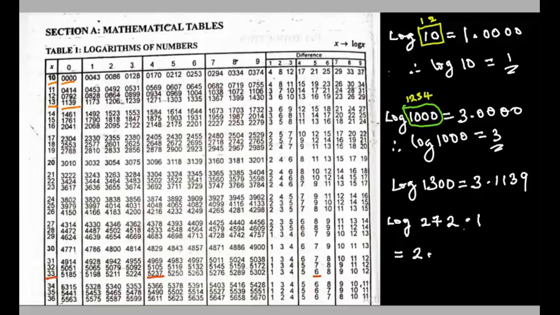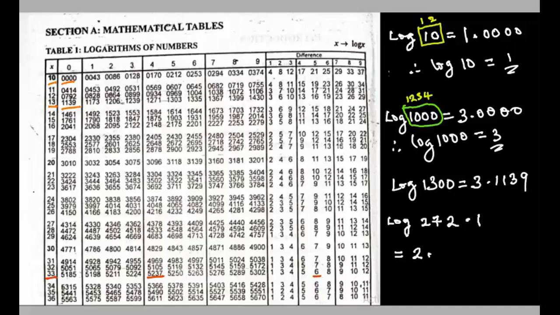Now we don't have 272 on the log table. So what we can do here is use 27. We will look for 27 under 2, with the difference of 1.